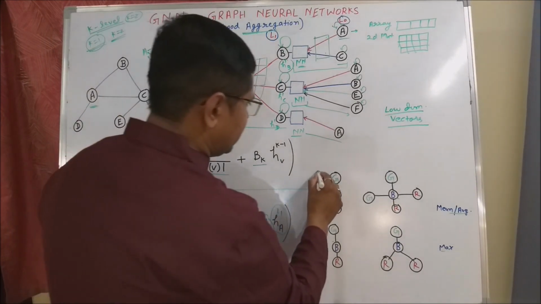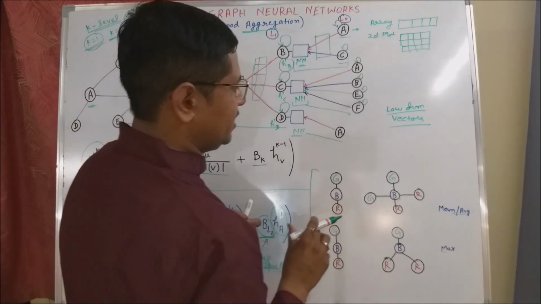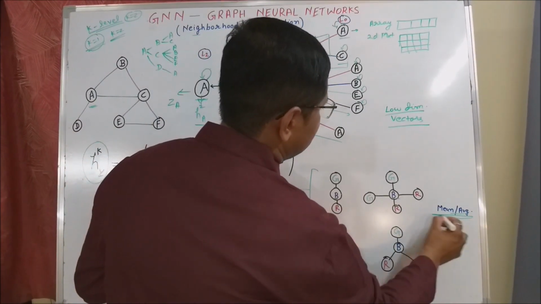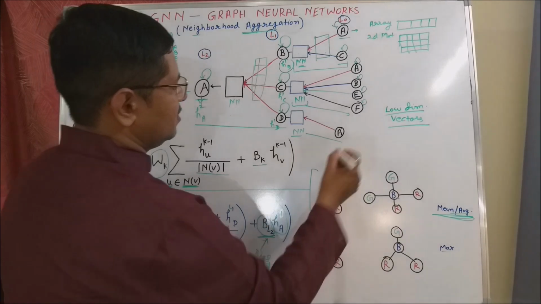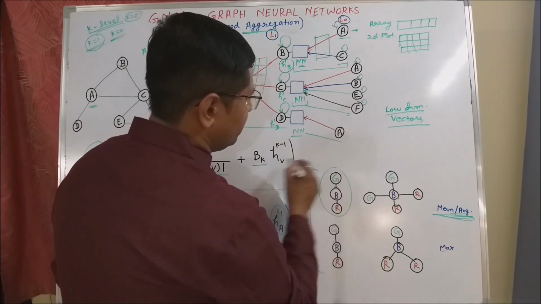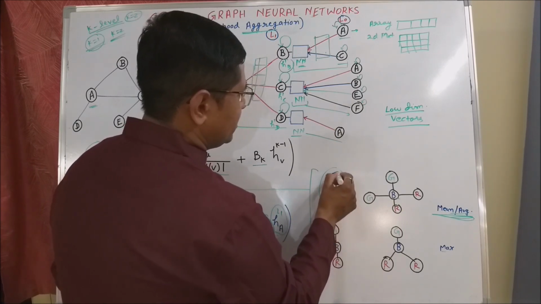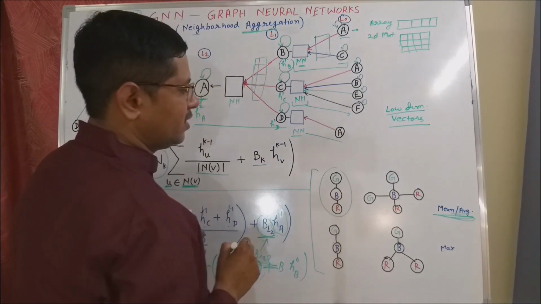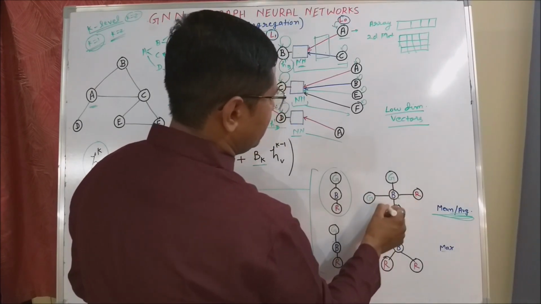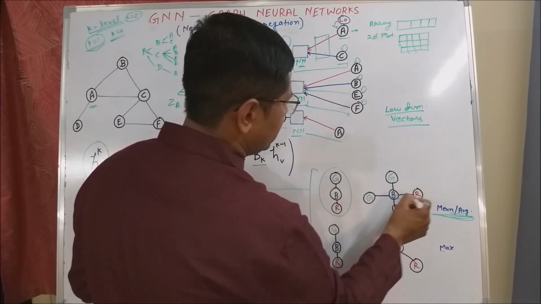If you see this architecture, you will think that it still requires some additional work. For example, suppose we consider the mean or average, and we have a simple network where node blue is connected with node green and node red. Similarly, in a different connection, node D is connected with two green nodes and two red nodes.